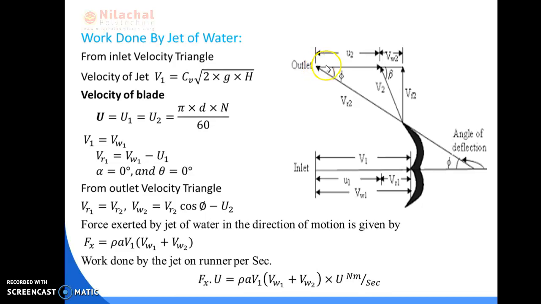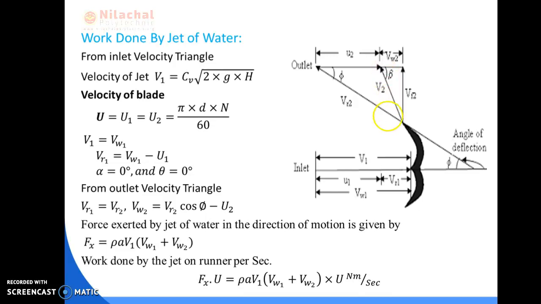Already you know that the horizontal line comes from the horizontal velocity of the water. Now the horizontal line is intersected by Vr2, that is your relative velocity at the outlet, and it makes an angle of phi. V2, the jet velocity, is deflected by an angle of beta at the outlet, and it also intersects the horizontal line.